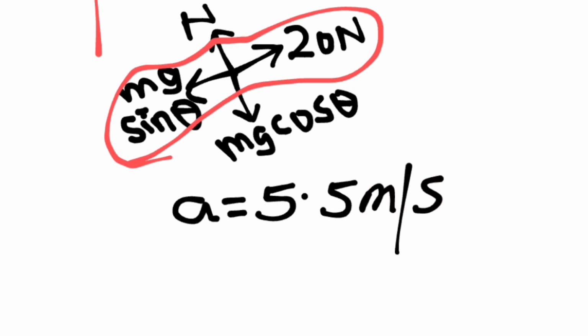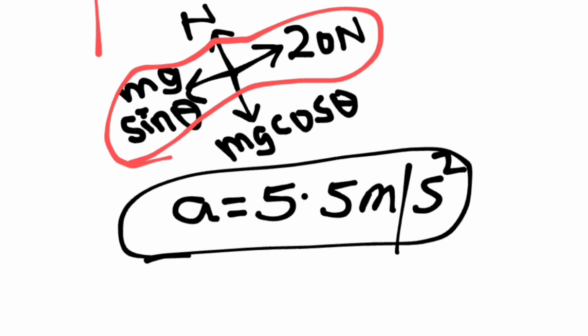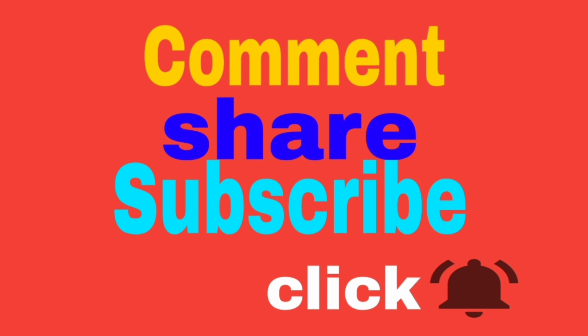So our answer would be 5.5 meters per second square. So this is the answer. The acceleration is 5.5 meter per second square. We can get it like this. In the next video, we will try to do inclined plane problems with friction and other things, okay?